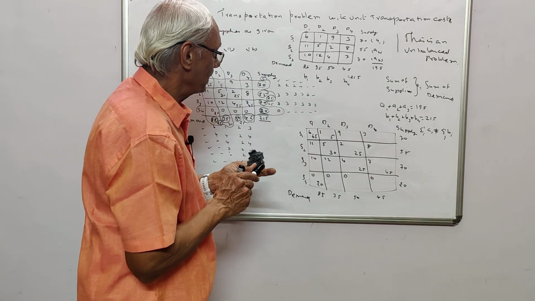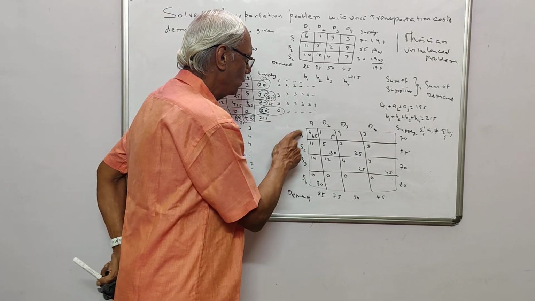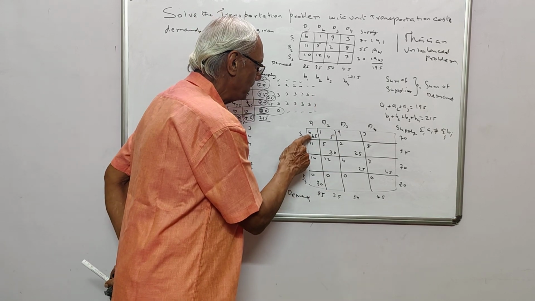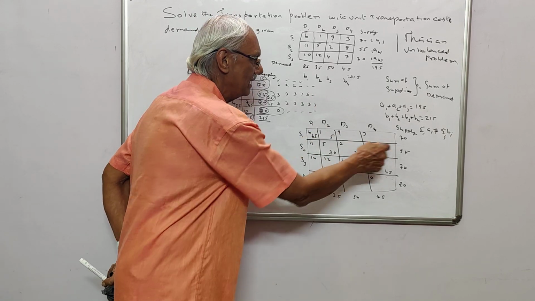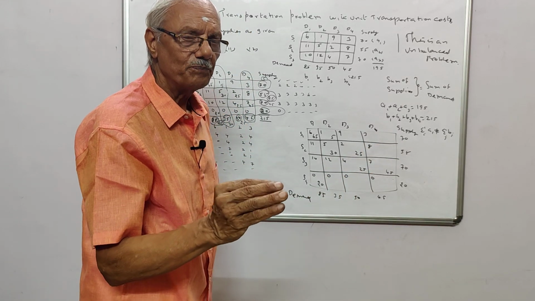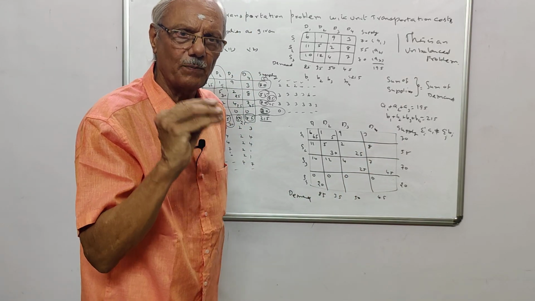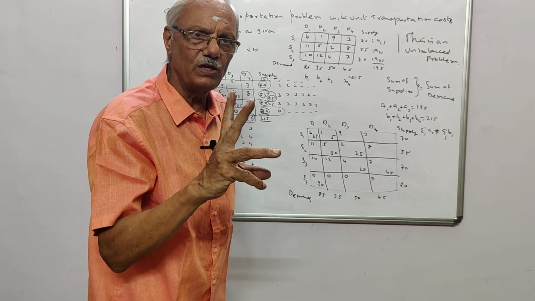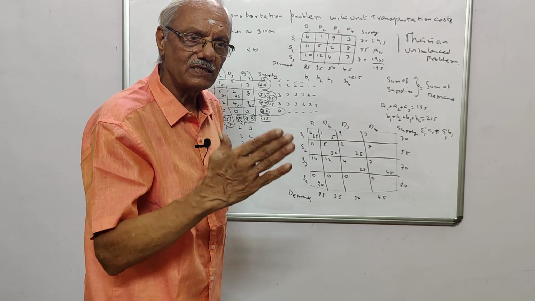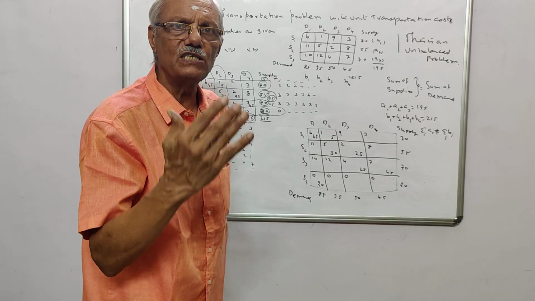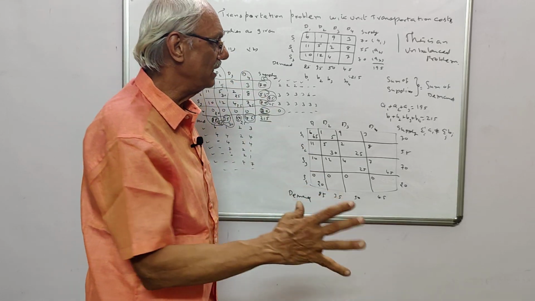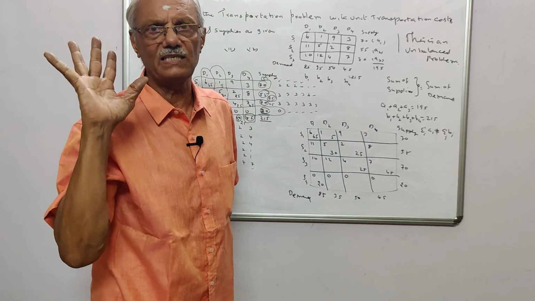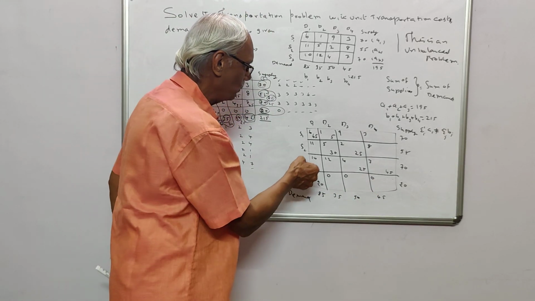And you see that S1 has supplied to D1 and D2, that's all. Now how much has it supplied? 65 plus 5, that is equal to 70. That means source 1 has supplied its products to only 2 destinations, and the sum of the supplies is equal to its availability. How much is the availability? 70. So rim condition is satisfied. Okay, come to the second one.